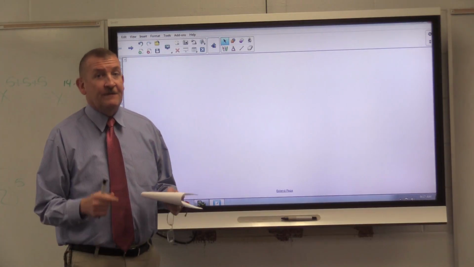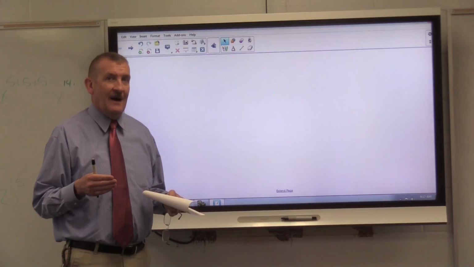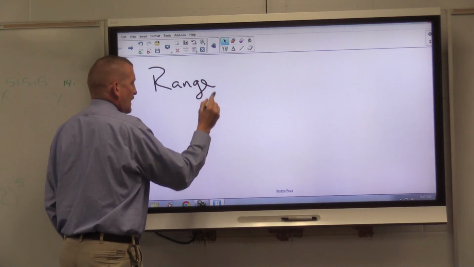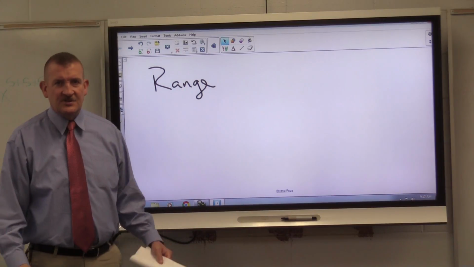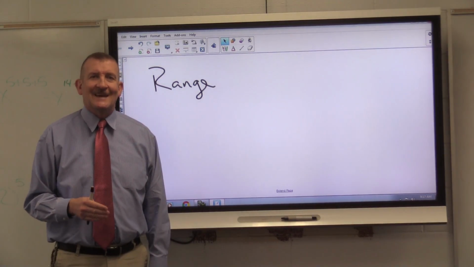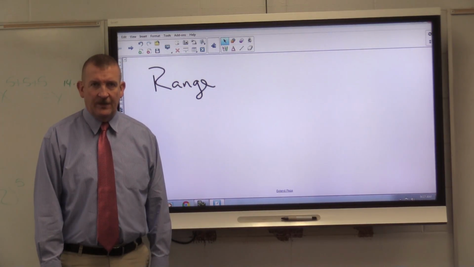The first measure of variation that we're going to talk about is something called the range of a data set. To be honest with you, the range of a data set is the easiest measure of variation that we're going to deal with.